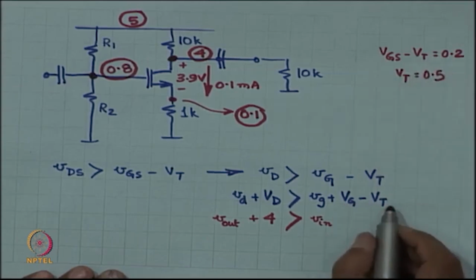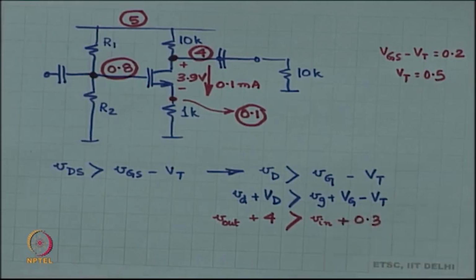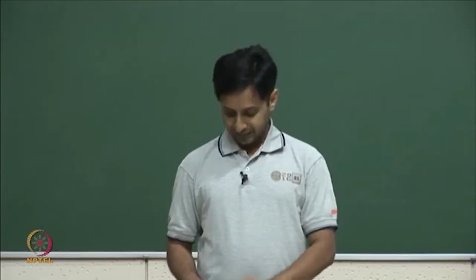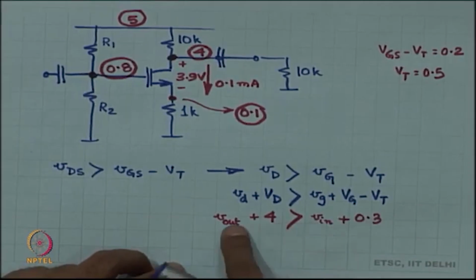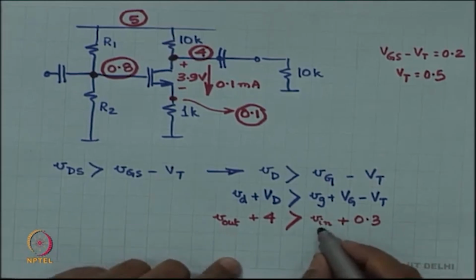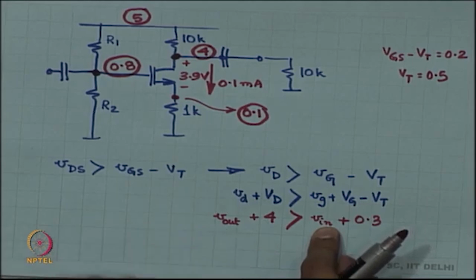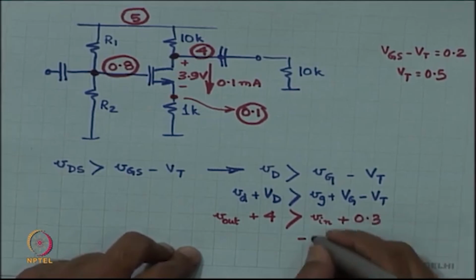So, capital VG minus VT is 0.3. Not 0.2, it is 0.3. And then V in is 5 times smaller, minus 5 times smaller than V out, which means that if I increase V in by 1 millivolt, V out is going to decrease by 5 millivolts, or in other words this is minus V out by 5.